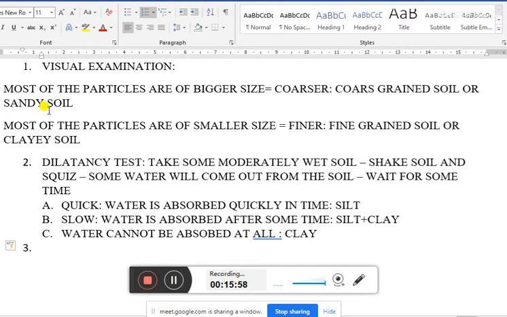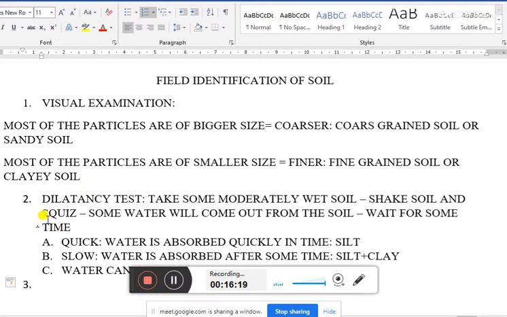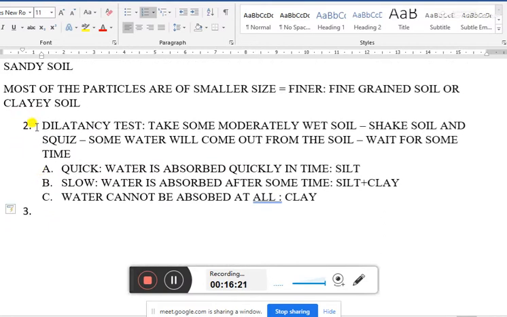If you have concluded that the soil is sandy from the visual examination, then there is no test, and you don't have to do any test to conclude the classification of the soil. You may conclude that the soil is sandy, but if the soil is clay, then only you can do these tests starting from number 2.